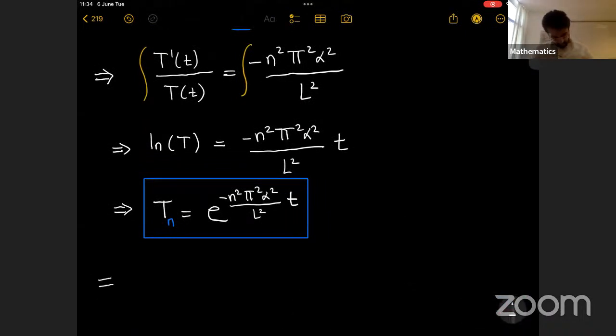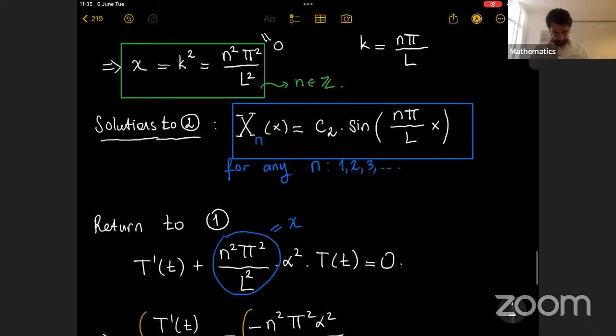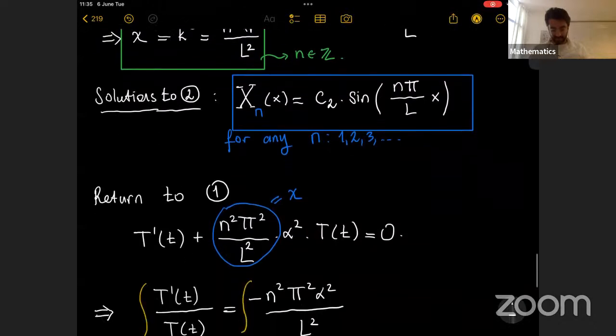This implies u(x,t) is equal to, remember, it was X(x) times T(t). So we just find out here, X is what was it? Sine. You can ignore the constant here.